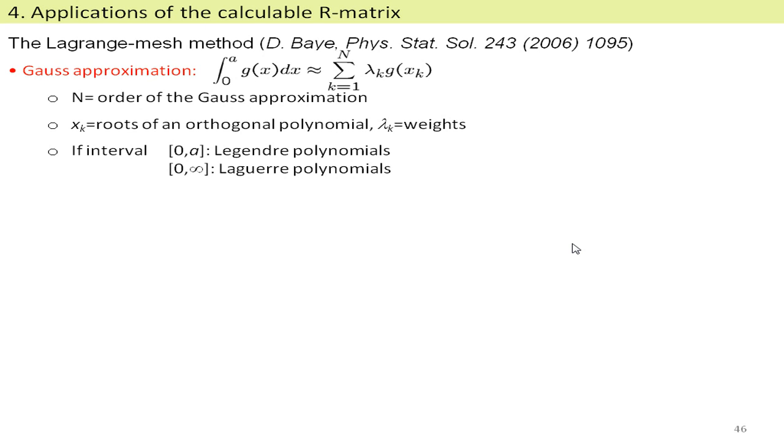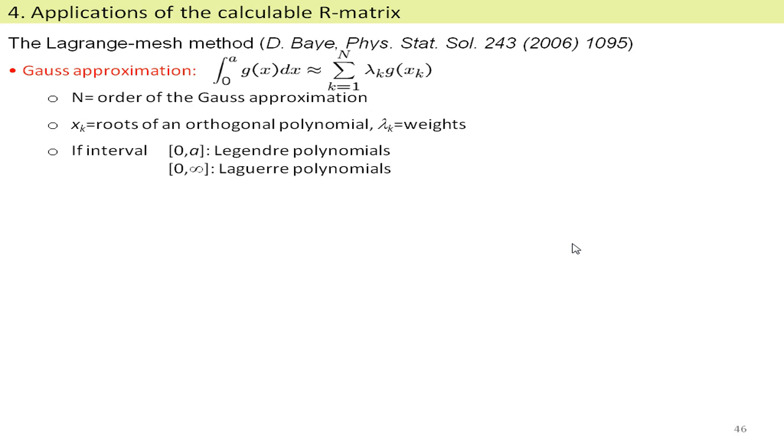So you know the Gauss approximation of an integral, and this is a numerical definition. You can approximate an integral by this Gauss-type formula, where n is the order of the Gauss approximation, the x_i are the roots of some orthogonal polynomial, and the lambdas here are the weights.